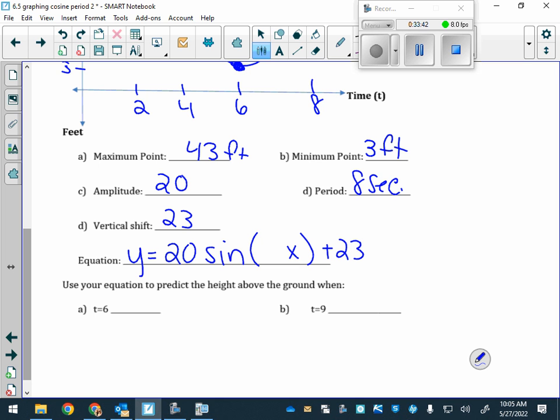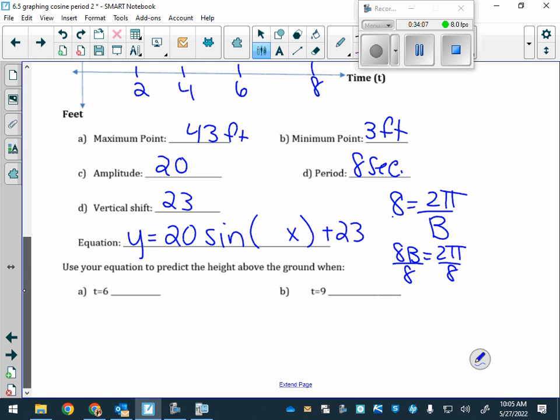Did anyone figure out the b value yet? Go ahead, Ryder. 1/4. Let's see. So be careful, because we have 8 equals, you're forgetting something. Ryder, what are you forgetting? One-fourth pi. Thank you. 1/4 pi. Okay.